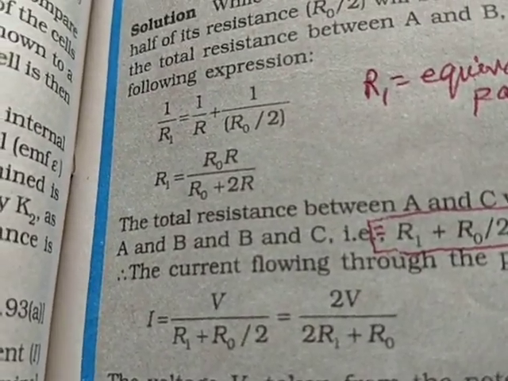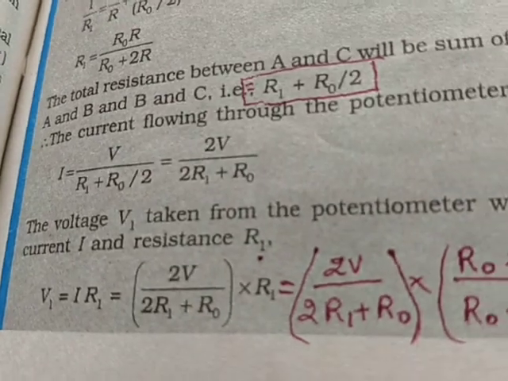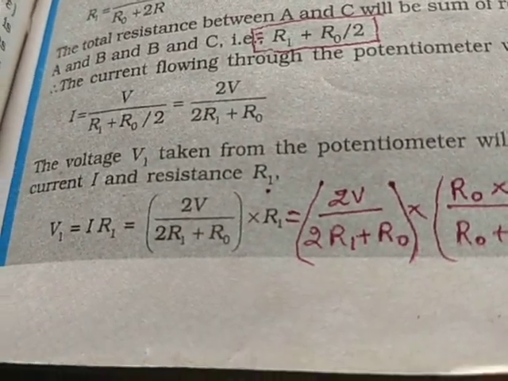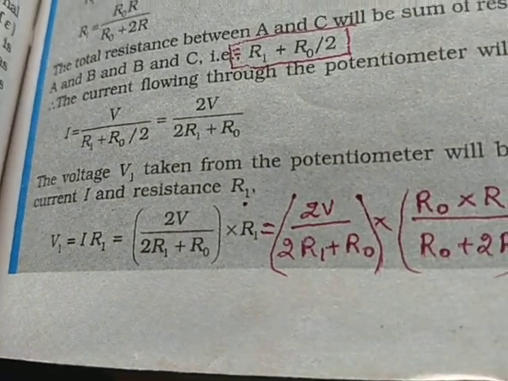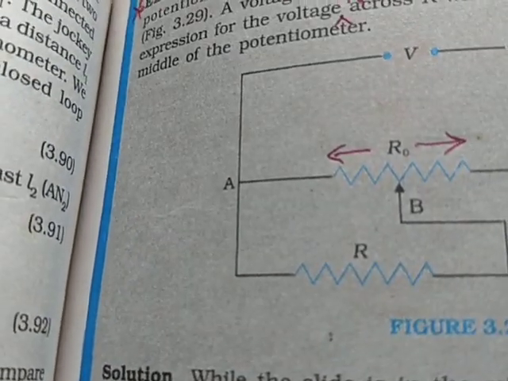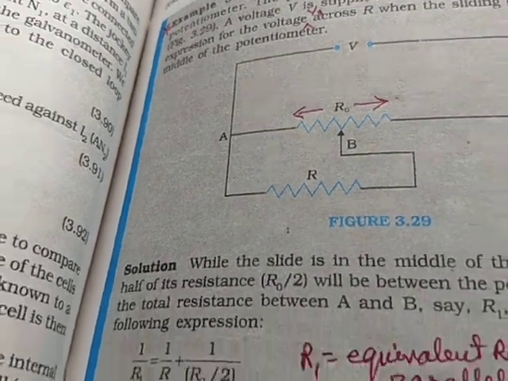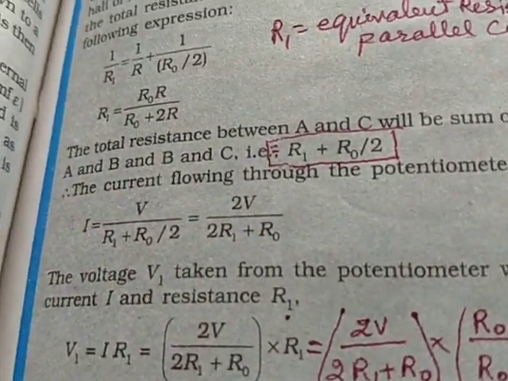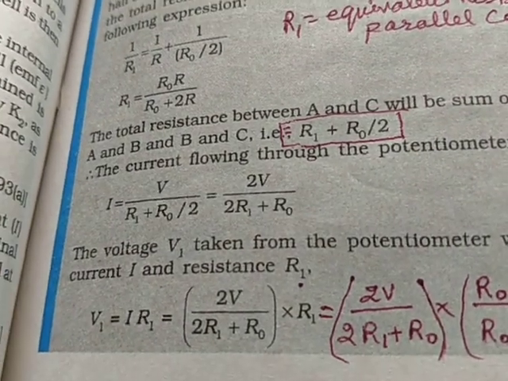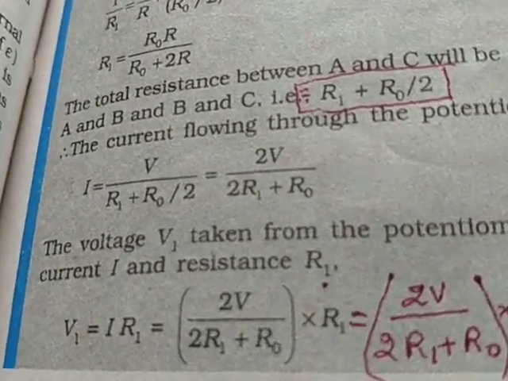from the cell. Now once we know the current drawn from the cell, we can find the potential drop across the point AB. The potential drop across the point AB will be equal to the current drawn from the cell multiplied by the resistance across AB.